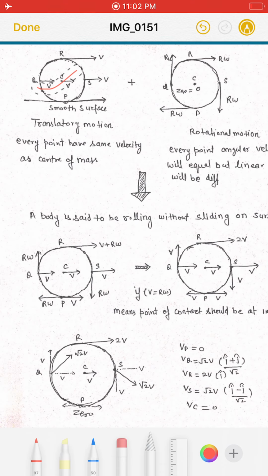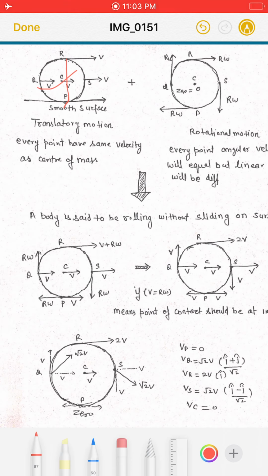Now if I explain a little bit more what is translatory motion, let's say I draw one line from R to P, and if this line throughout the motion remains vertical, means if I slide this sphere to the right side or the left side, and this line remains vertical, means along y axis only, it means each and every point has the same velocity.